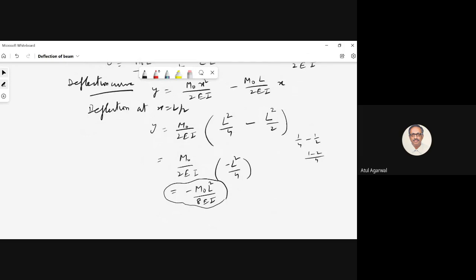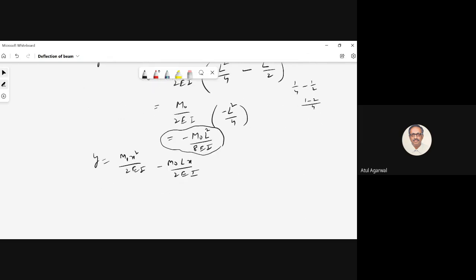So we again look at this equation, y is equal to M naught x square by 2EI minus M naught Lx by 2EI. If I take the slope of the equation, I take the derivative, what do I get? dy by dx is equal to 2 M naught x by 2EI minus M naught L by 2EI.